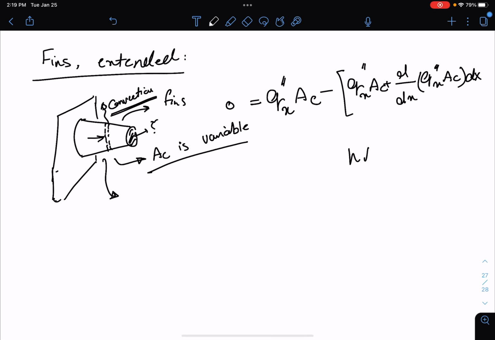h delta T is going to give us the heat flux of convection, right? Which is this delta T, the temperature of that surface minus T infinity. Heat flux. But we are looking for total heat rate. So we have to multiply it by some sort of an area, right? What is the area here?